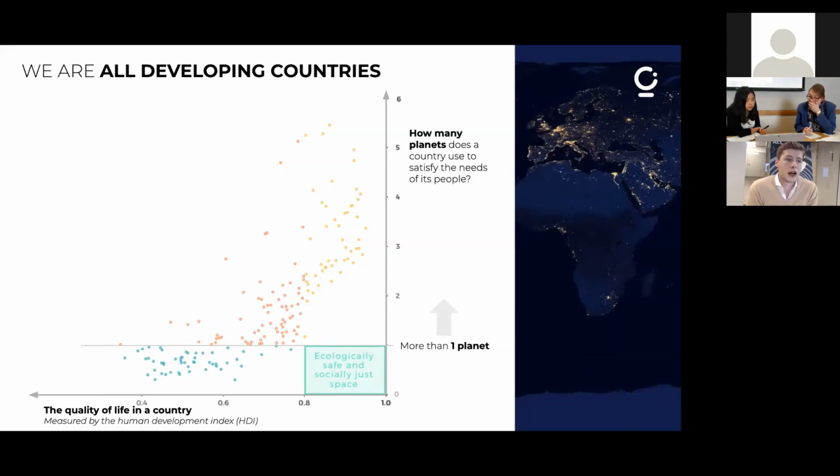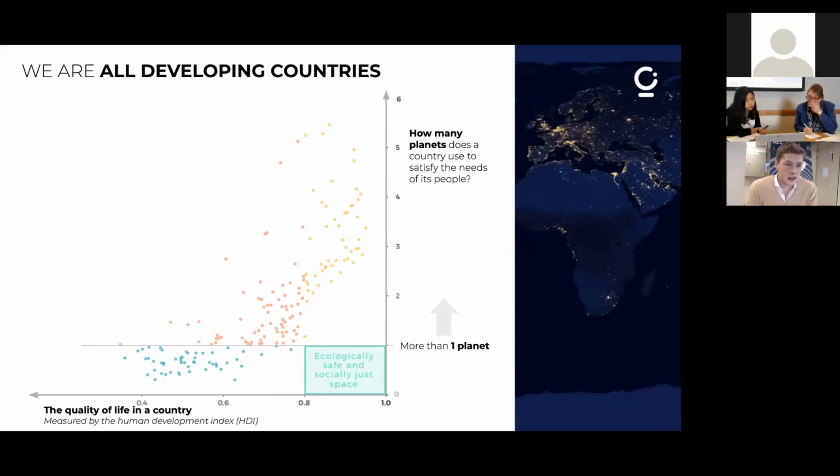We define this ecologically safe and socially just space as a very high level of human development, higher than an index of 0.8, and of course a demand for biocapacity that is lower than 1 planet.